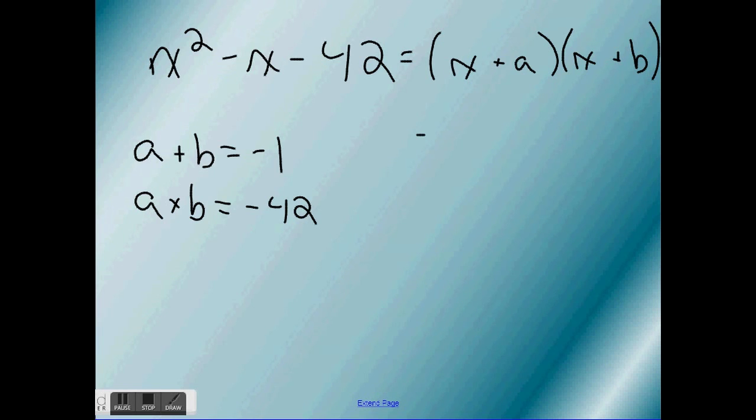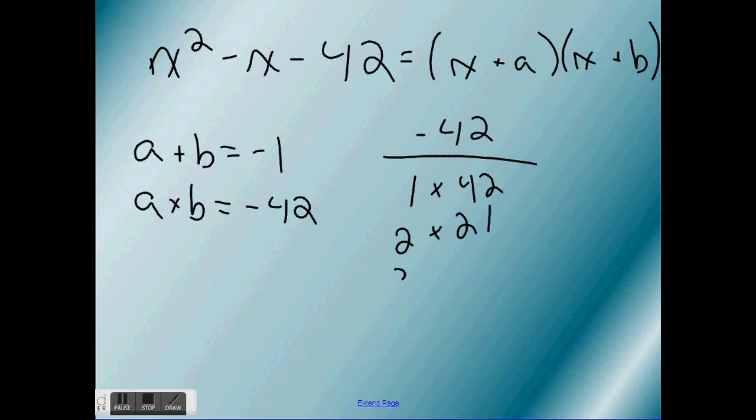The way to do this is you're going to take -42 and write out all of the factors of 42. That is, 1 times 42, 2 times 21, 3 times 14.